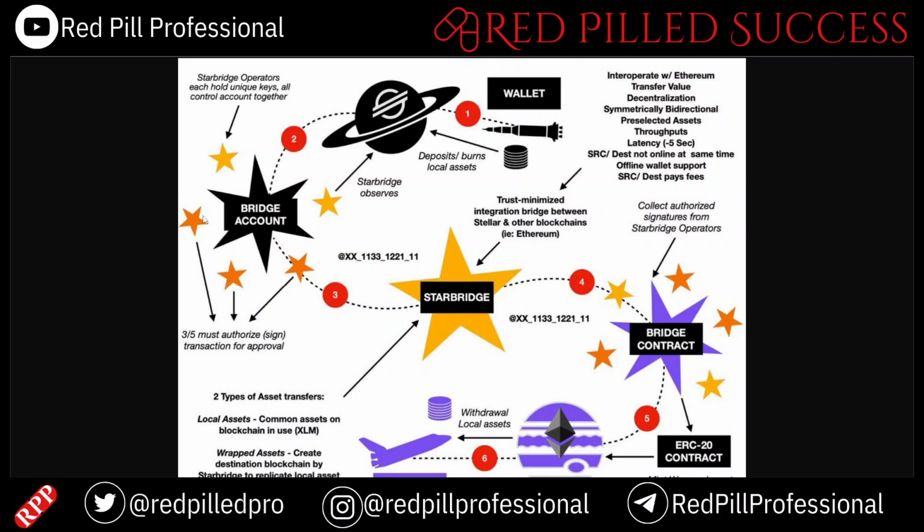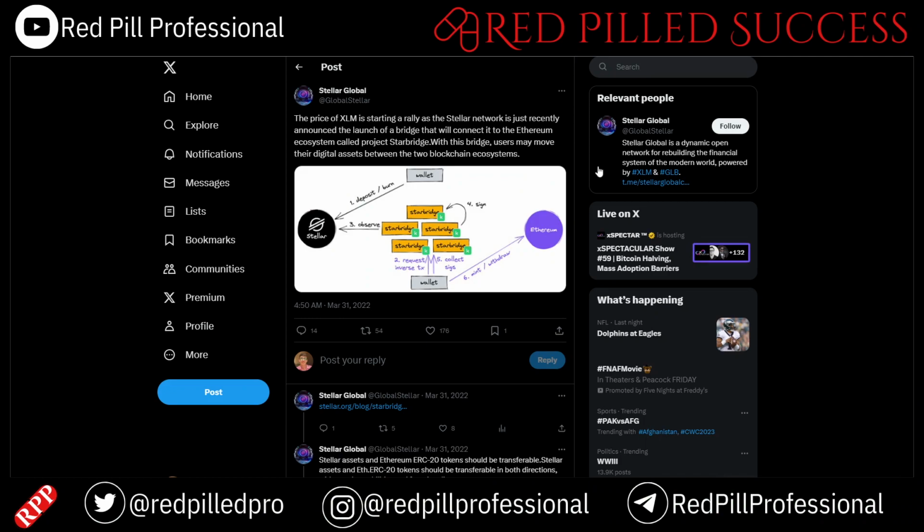So you have to get 3 out of 5 approvals there, and you have to collect those approvals on your contract side as well. So I think it'll make more sense when I actually read through the actual article from the SDF.